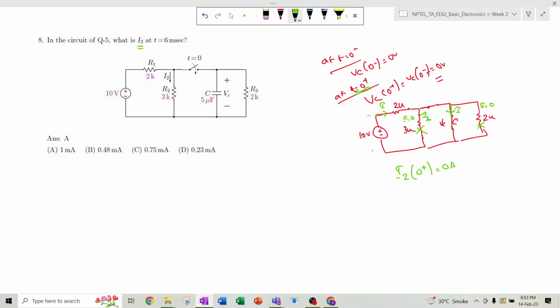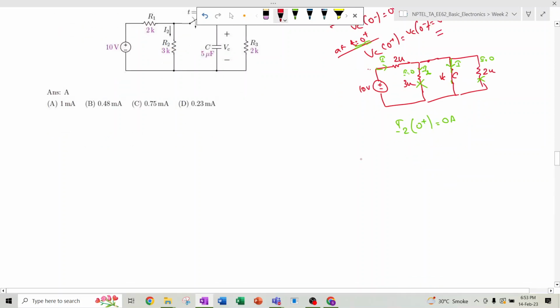Now at t equal to infinity, what is happening? The capacitor becomes an open circuit.